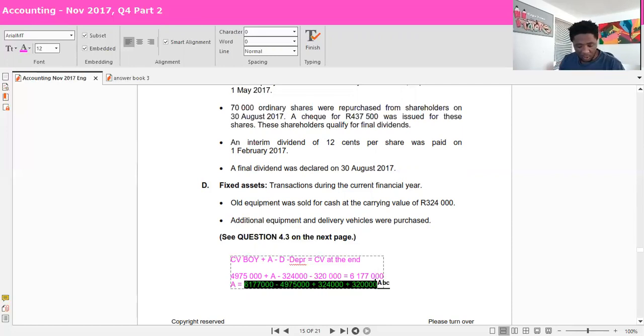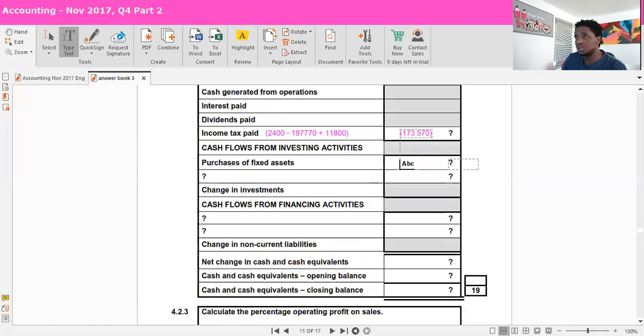So 6,177,000 minus 4,975,000 plus 324,000 plus 320,000 gives you 1,846,000.